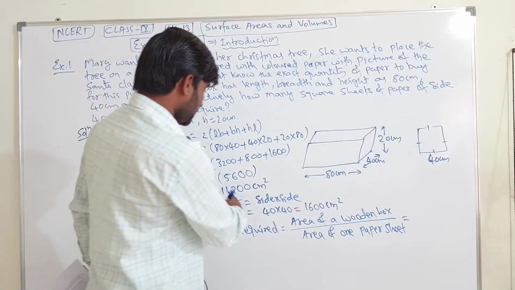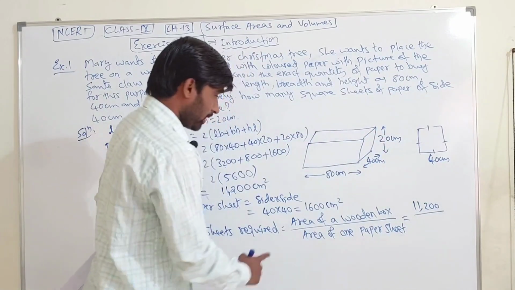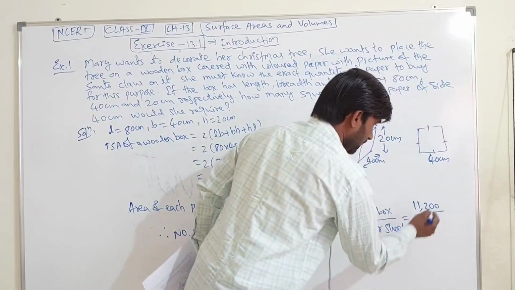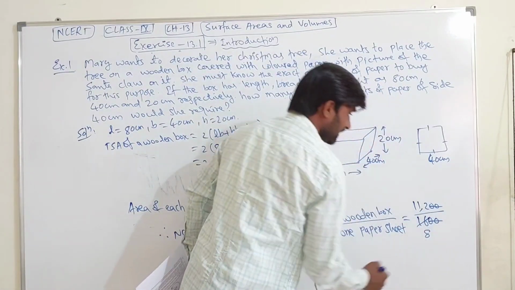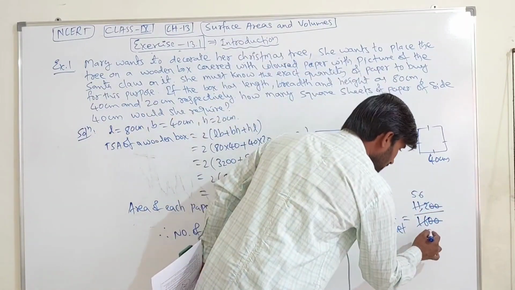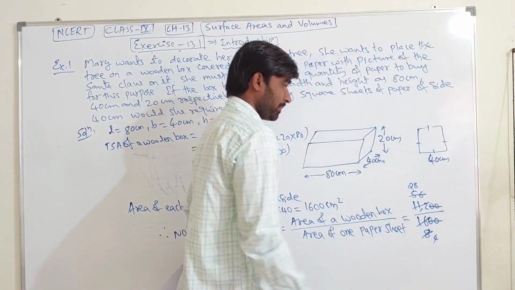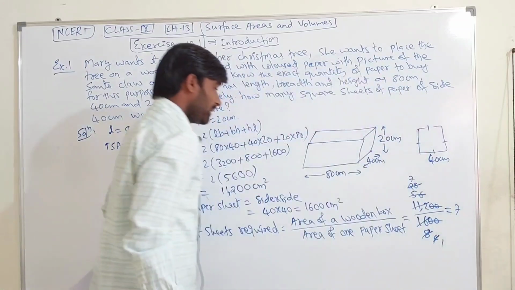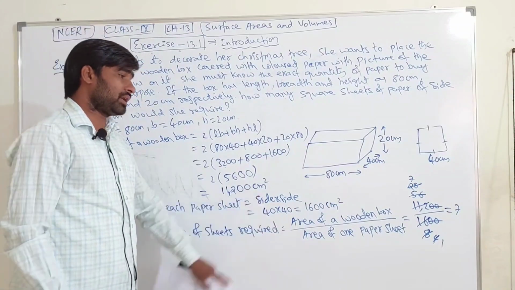The area of the wooden box is 11,200, divided by the area of one sheet of paper, that is 1600. Here two zeros cancel. Now dividing, we get 7. So totally, she requires 7 sheets. This is the final answer.